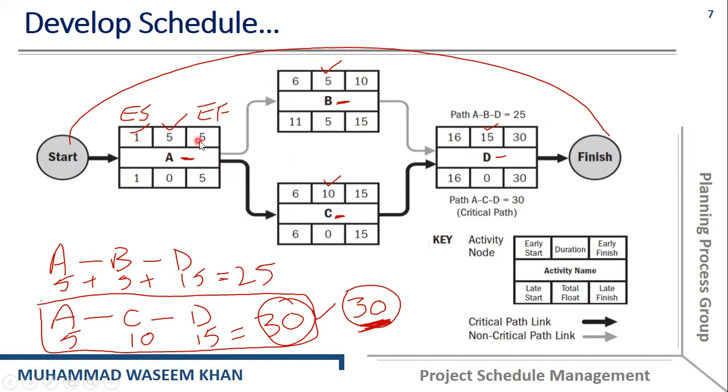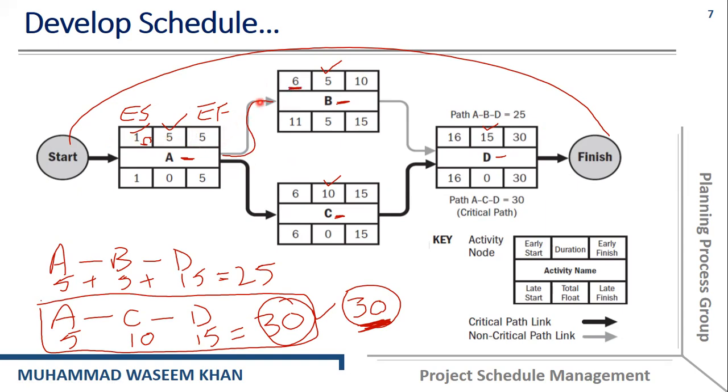The earliest finish date is 5. How? Because if the project starts at day 1, then day 1, day 2, day 3, day 4, and day 5. So 5 would be the earliest finish because activity A has a duration of 5.